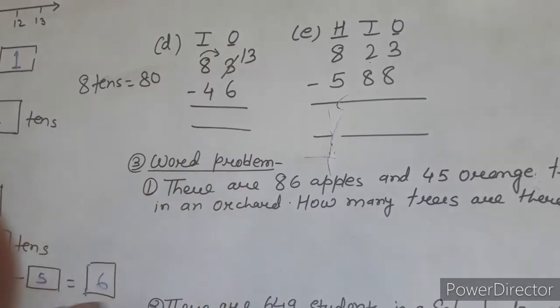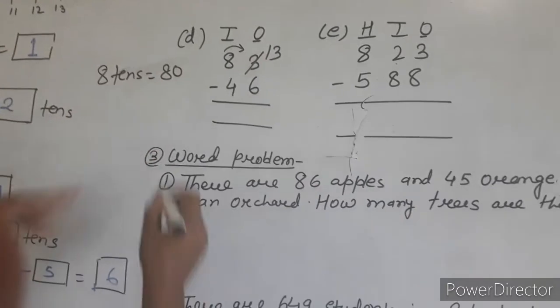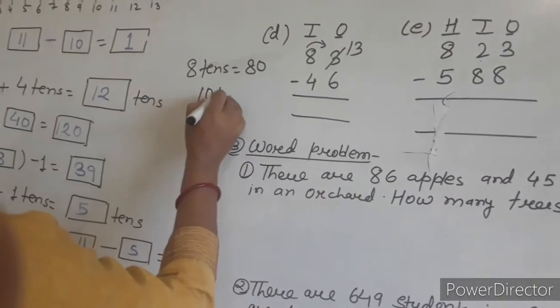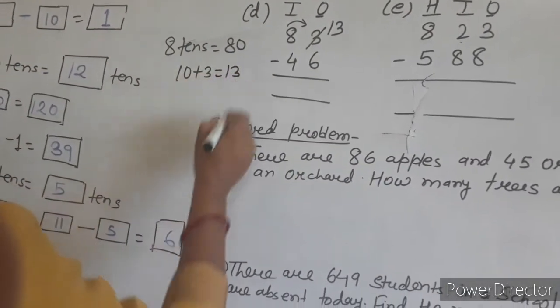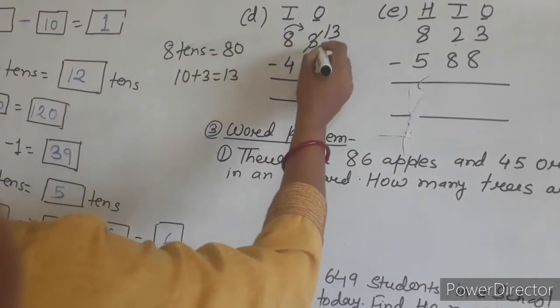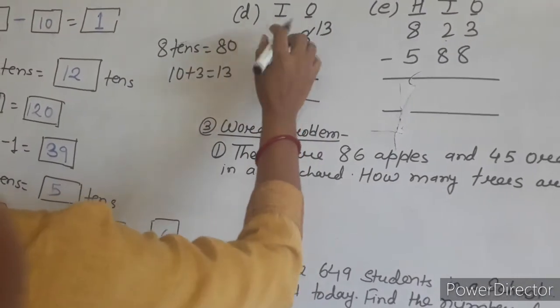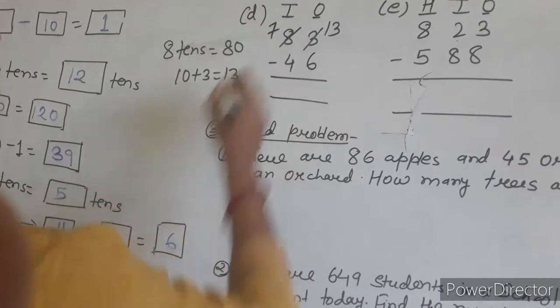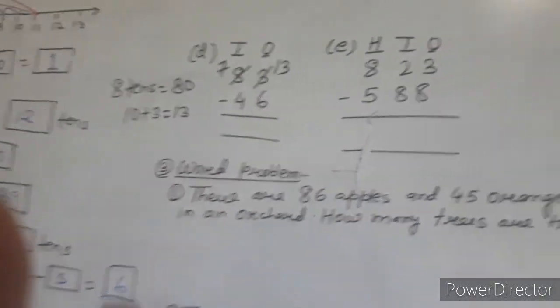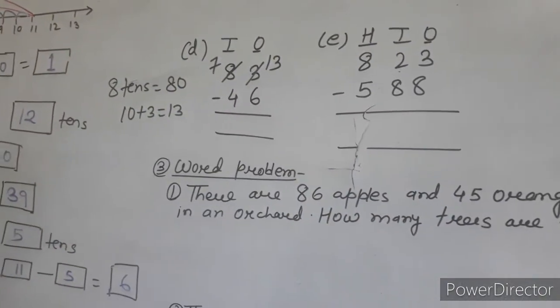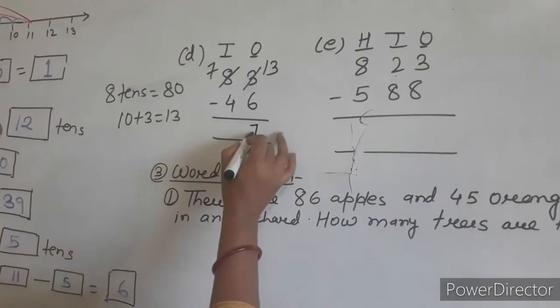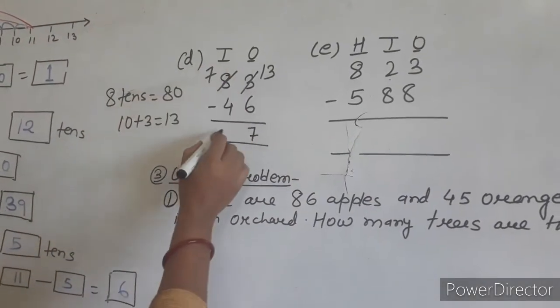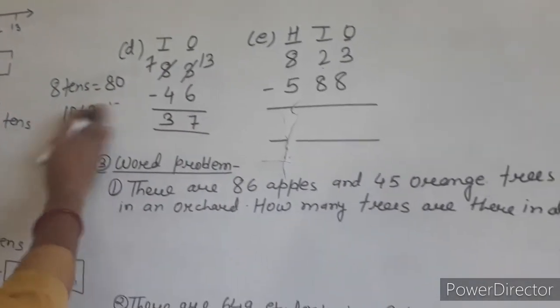Okay, 3, if we add 10 plus 3, 10 plus 3 is 13. Then we can easily subtract, and this will be 7. That means 7 tens. So 13 minus 6, 7, and then 7 minus 4 is 3.